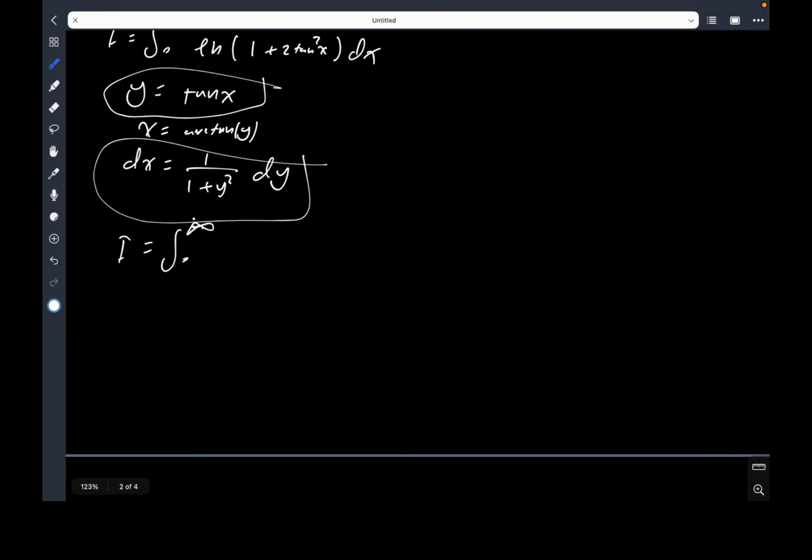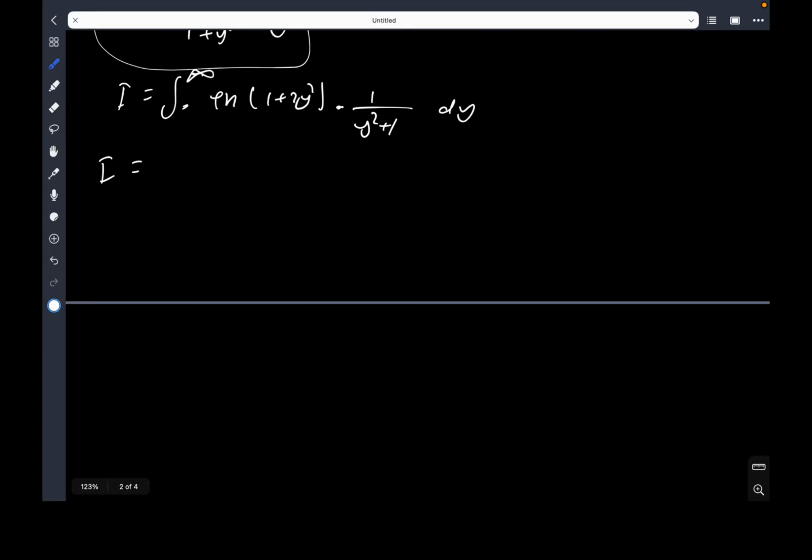It's a limit concept. Ln of 1 plus 2y squared multiplied by 1 over y squared plus 1 dy. So let me write it more clearly: the integral from 0 to infinity of ln of (1 plus 2y squared) over (y squared plus 1) dy.